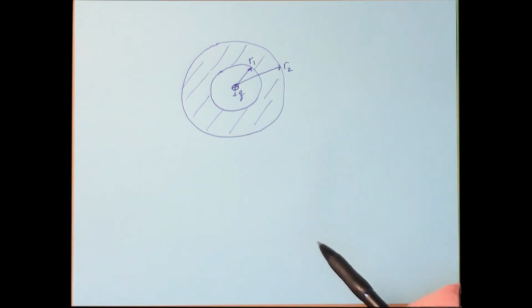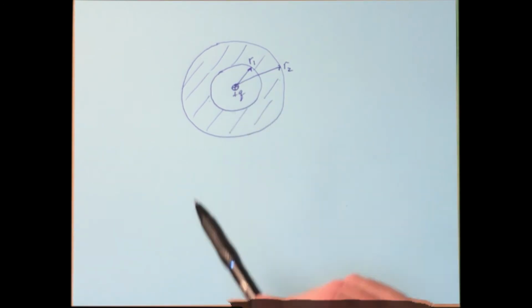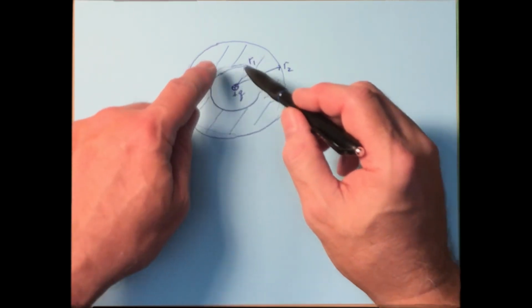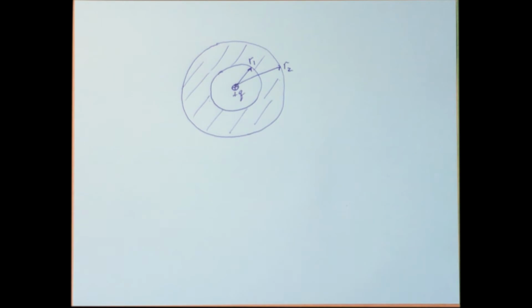Okay, well, what happens whenever we add that point charge towards the center is that the hollow conductor itself is going to respond, because now there's a new charge in the region. And remember, a conductor is a material where charges can freely move through its volume.